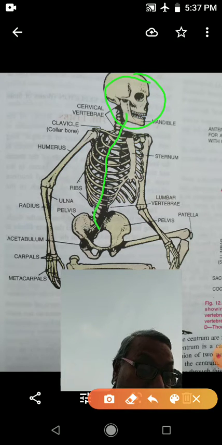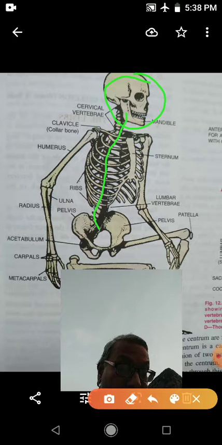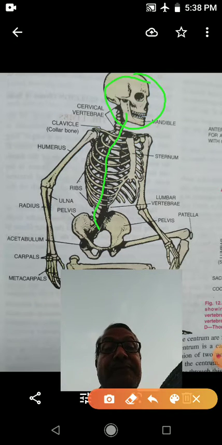So the skull consists of two parts. The upper part, the top part, is the cranium, which is made up of 8 bones, and the other part of the skull is the face, which consists of 14 bones.